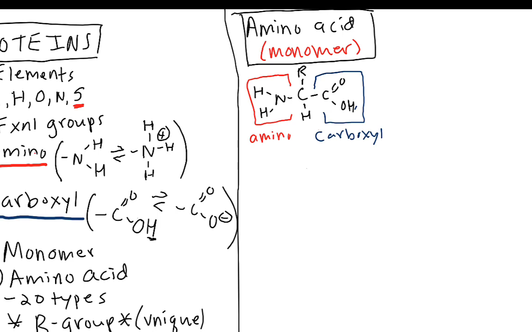Of course, carbon has to have 4 bonds, and so this, call it an R group, which is not actually an R element or something like that. It can be a variety of things. So R is your variable group, and that is what makes each amino acid unique and gives it its character.